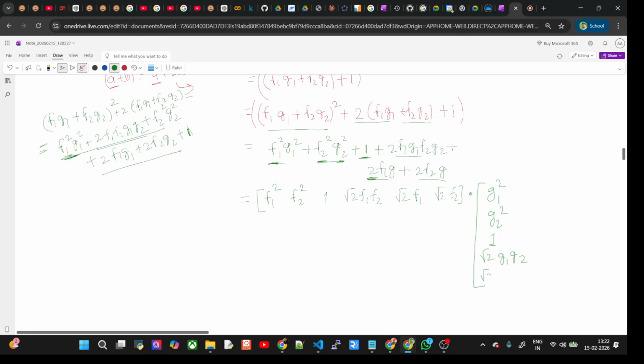And here f1 g1 f2 g2 f1 g1, and here square root of 2 g2.